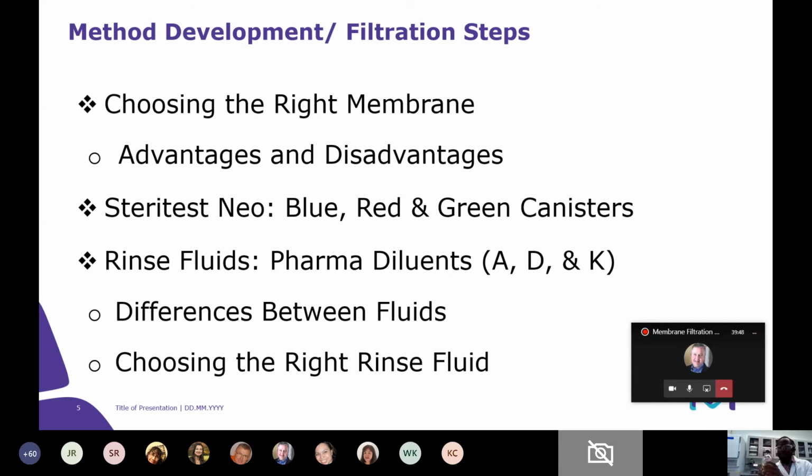We always recommend, especially if you use fluid K, to have fluid A as your last rinse, because as good as it is in removing inhibitory properties, it can also hinder the growth of microorganisms. So you want to rinse it at the end. Your last rinse, to which you usually add your microorganism, we always recommend to make sure it's fluid A instead of fluid K.